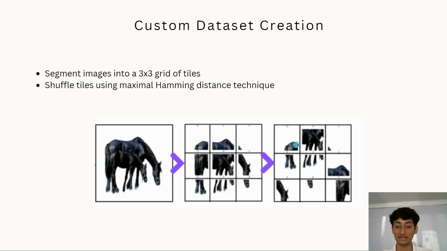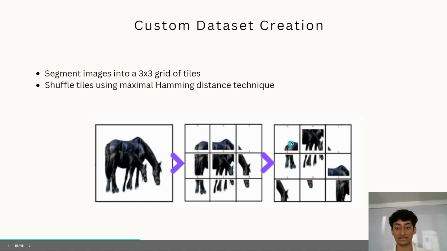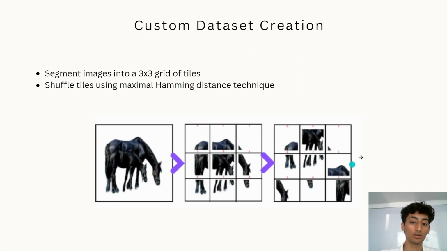So each piece is at a different location. No pieces are in their correct position, and you convert this into a 3x3 matrix and then just slice it. Then we have the initial input for our model ready, which is the shuffled puzzle.